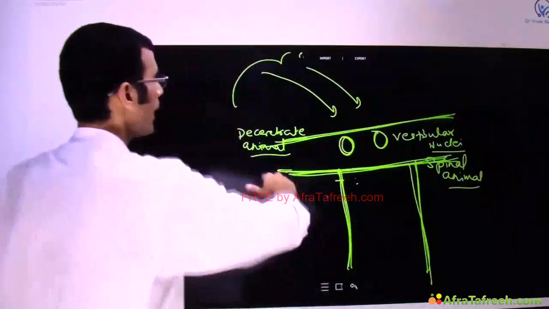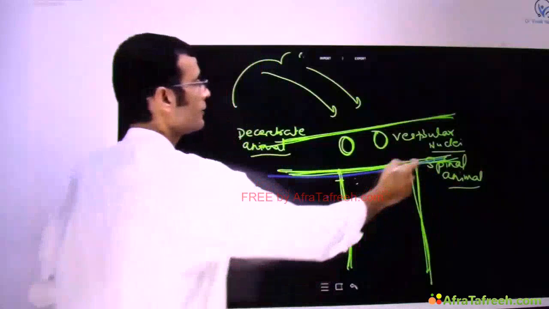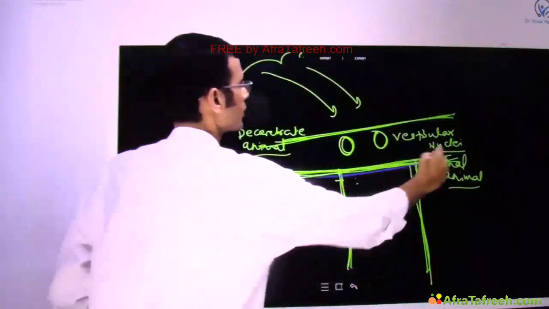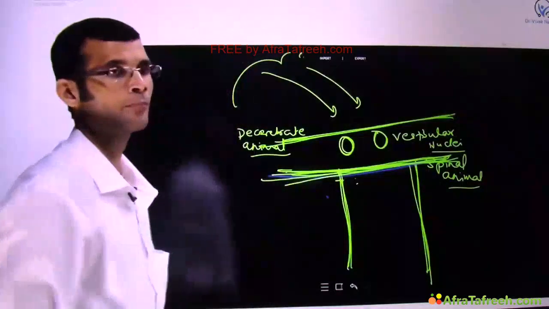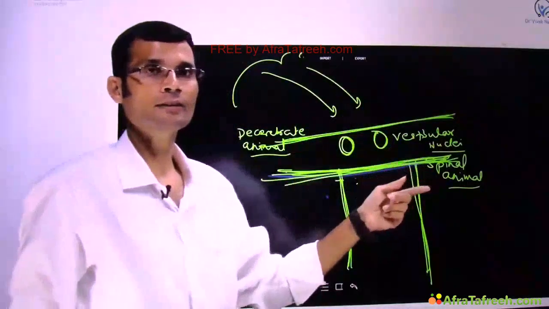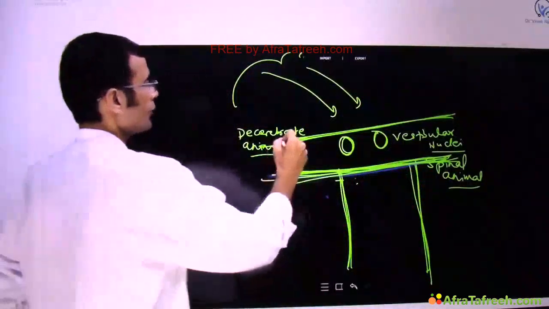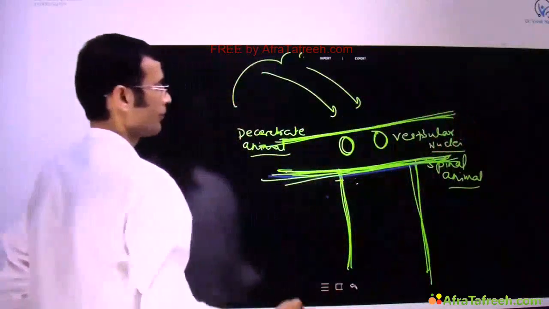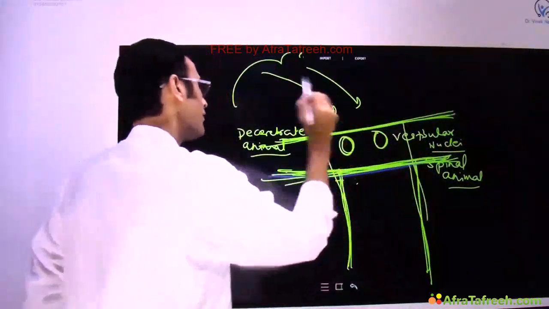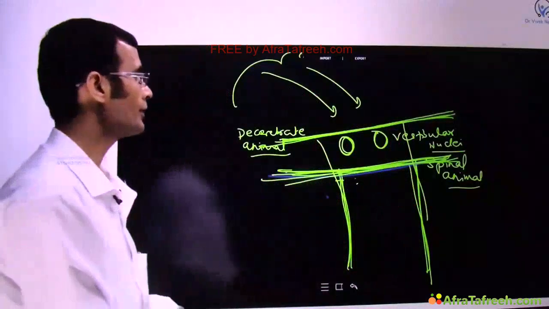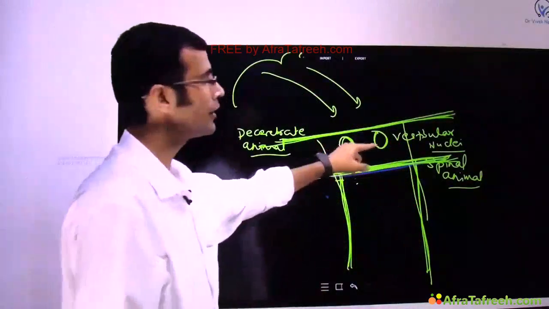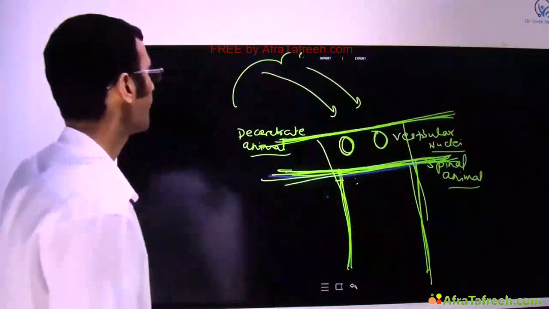So when you made a spinal animal, you took a transection at the upper border of the spinal cord and removed all the things above, you could not see that reflex. But when you made a decerebrate animal, you have retained the spinal cord and vestibular nuclei. Now the reflex can be seen. Now that the postural reflex is seen, that means the center is in the vestibular nuclei.